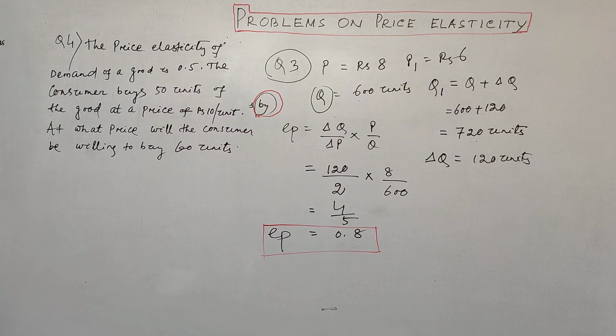Now friends, this is our question, and the informations given here are: the price elasticity of demand of a good is 0.5.